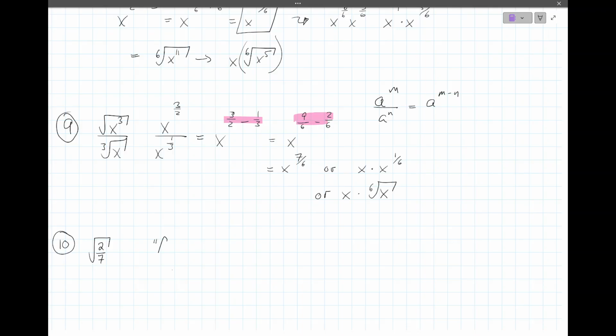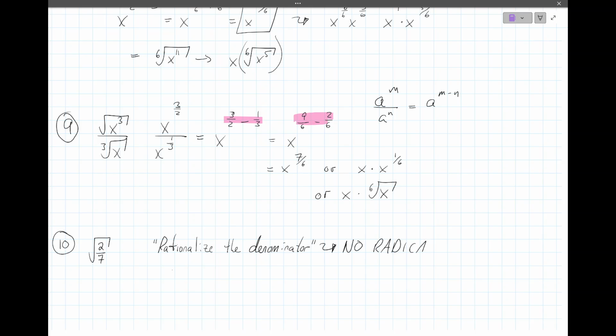If you want to look this up, look in your book or use the index in your book: rationalize the denominator. And what this means is no radicals left on the denominator.